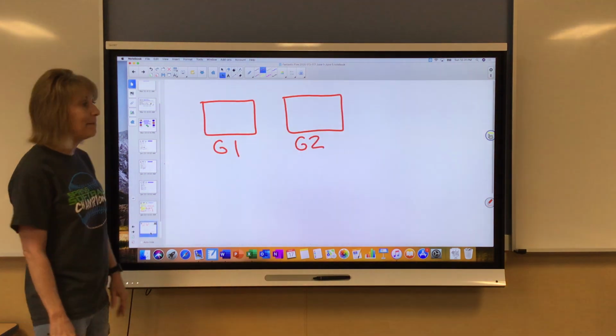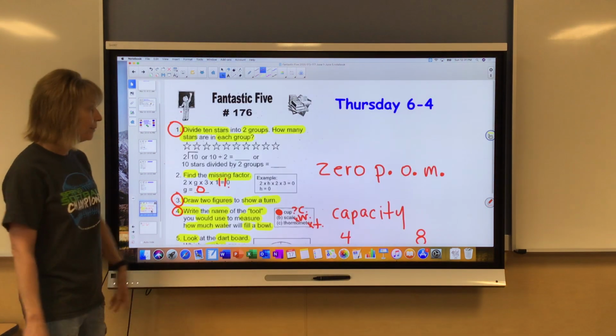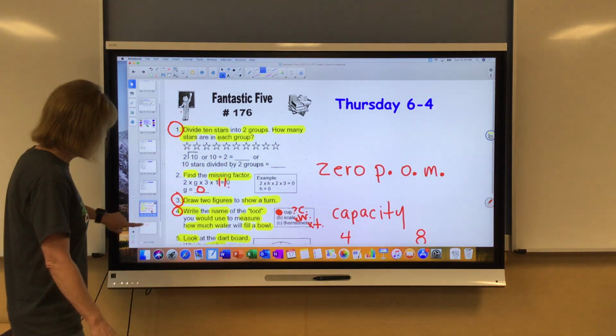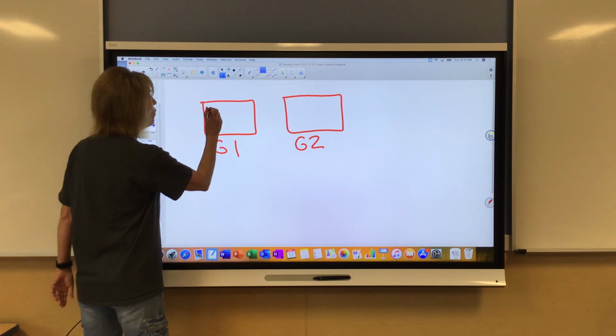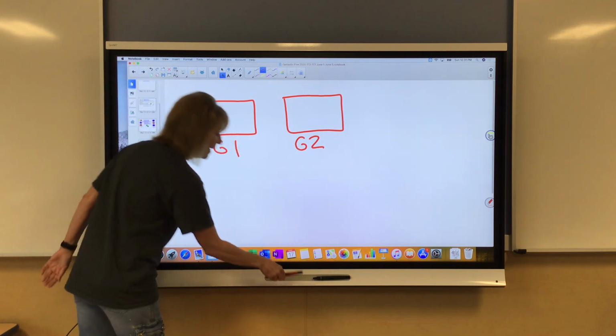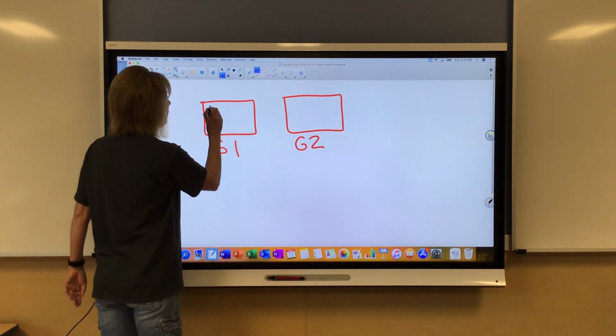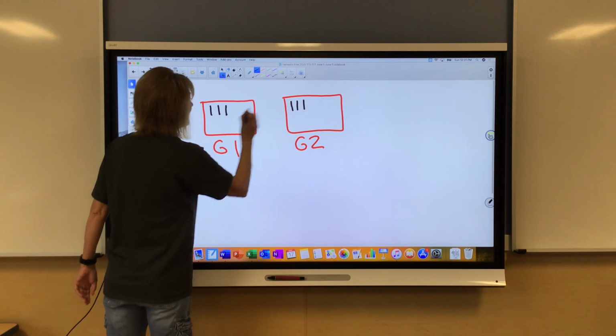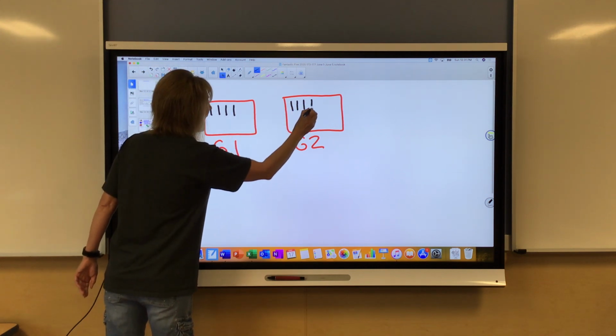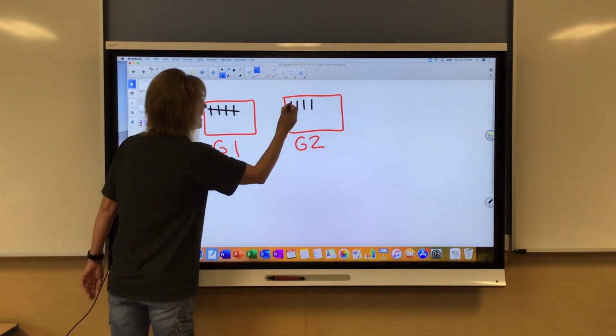stars. Now, I'm not going to draw stars because they take too long. I'm going to draw tallies. So watch me, one by one, until I get to 10. Let me use black. 1, 2, 3, 4, 5, 6, 7, 8, 9, 10.